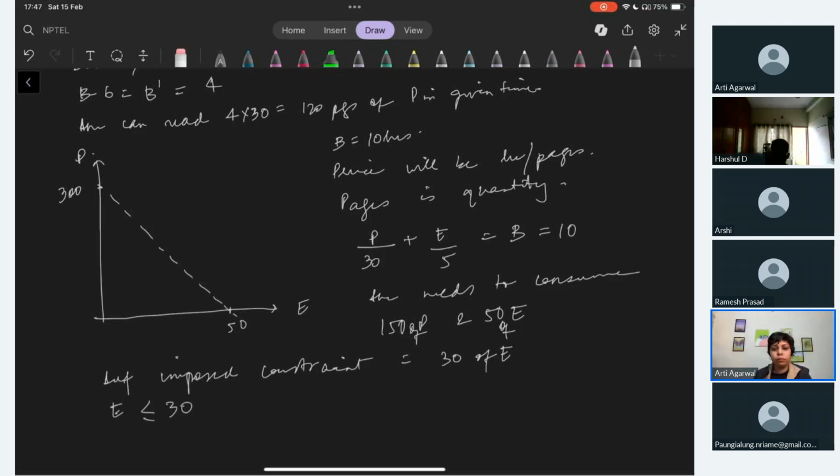So this is her broad budget line. So if she dedicates all the 10 hours to economics, she can read 50. But she has imposed a constraint on herself that she does not want to read more than 30 pages of economics. So then this becomes the new upper bound on economics.